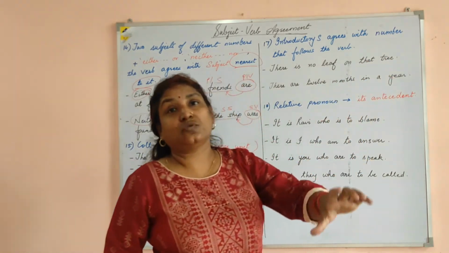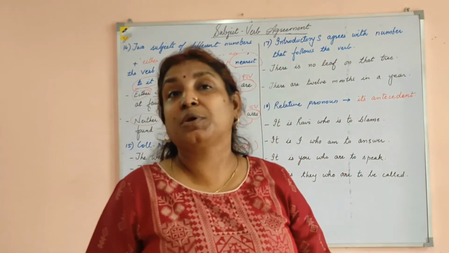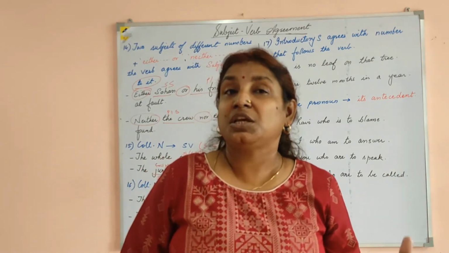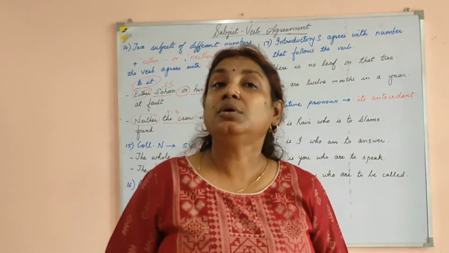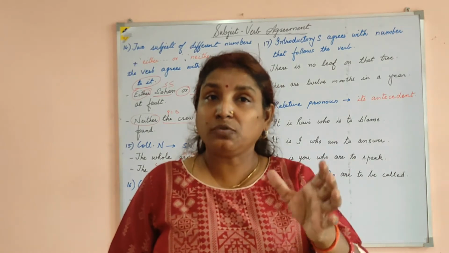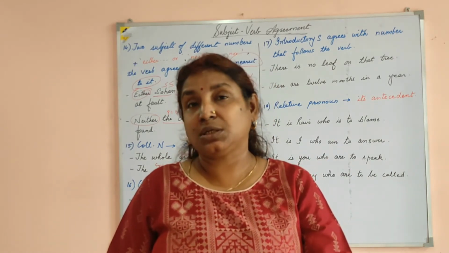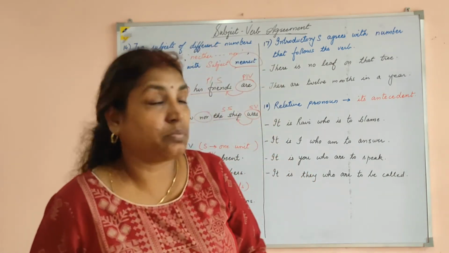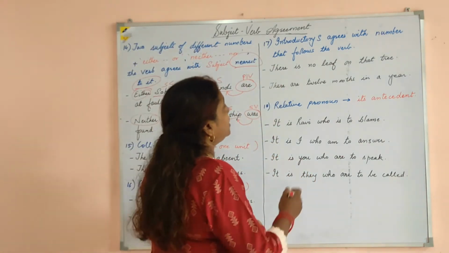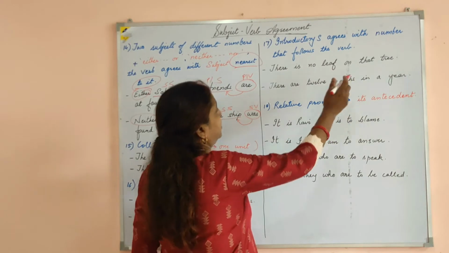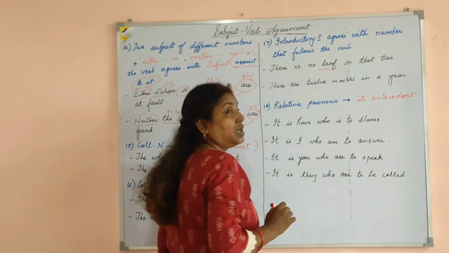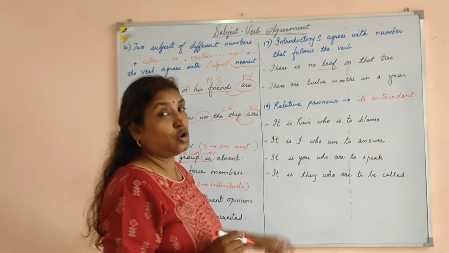Means in case of such sentences where sentences begin with introductory subject, the main subject is immediately placed after the verb. So whatever subjects are present after the verb agrees with the same number. For example, there is no leaf on that tree. Now your main subject is leaf, not there.